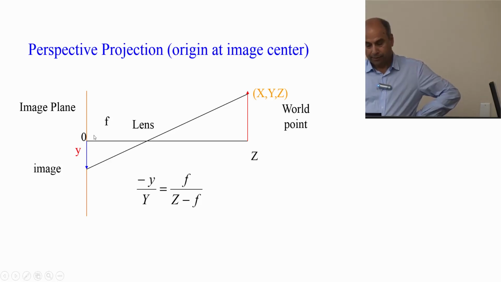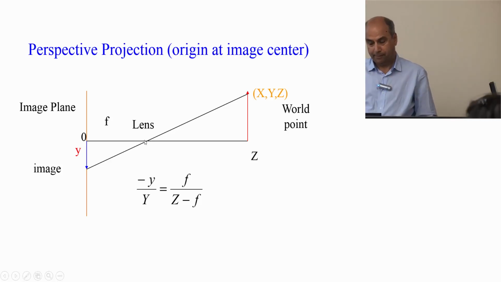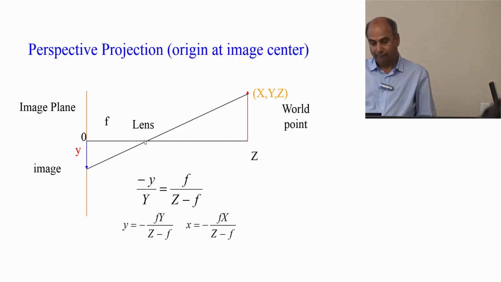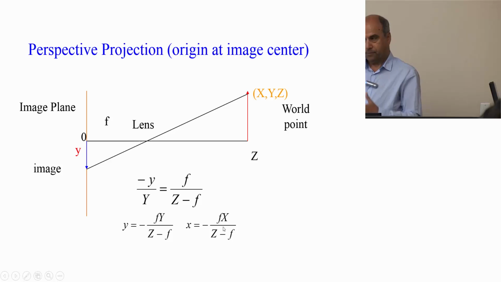But now this distance, from here to here, is z minus f, because from here to here is z, but then we have to subtract f. Because we have shifted the origin to the image plane, that's what we will get. And so y is given by this and x is given by that. Depending on where the origin is, these equations change a little bit.